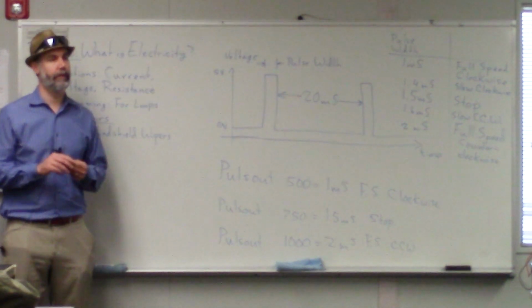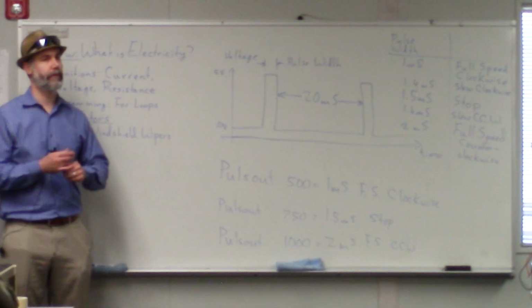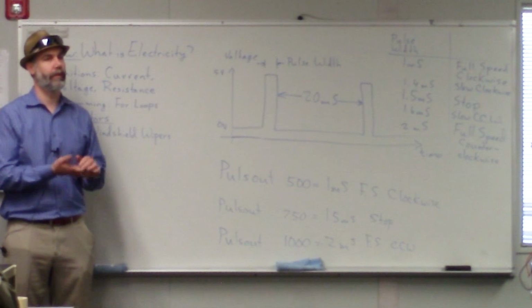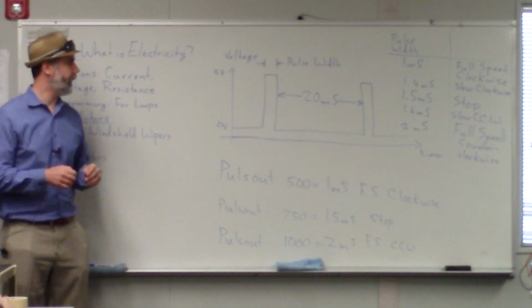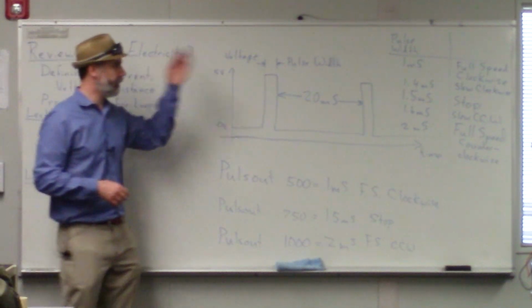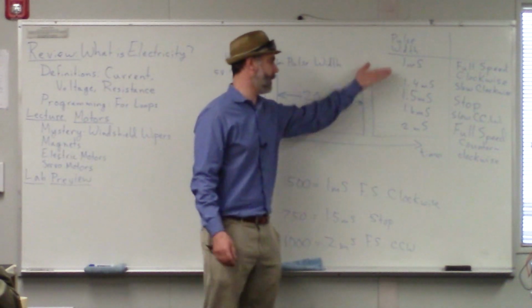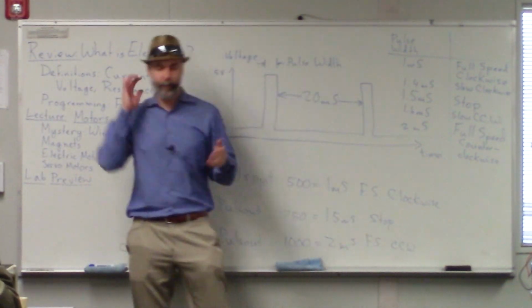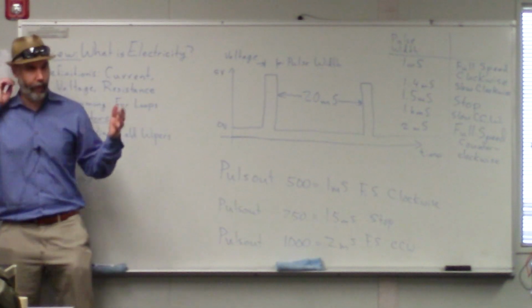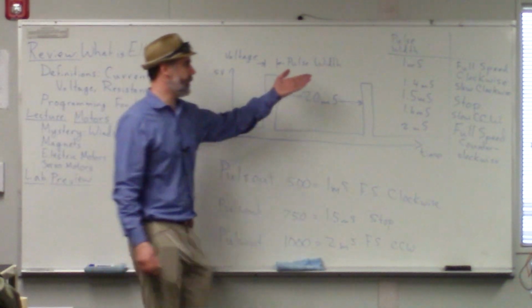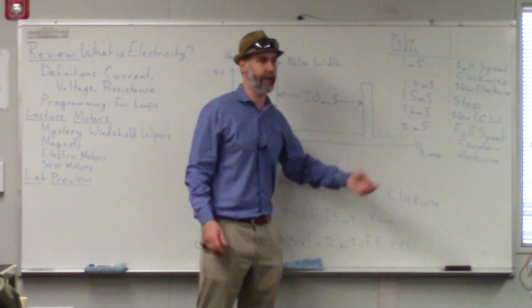Does the pulse width always have to be 1 millisecond equals full speed clockwise, or can you change it to your desire? You can't change that. That's part of the protocol. So people got together in a room a long time ago and decided that that's what 1 millisecond is going to mean, and that's what 2 milliseconds is going to mean.